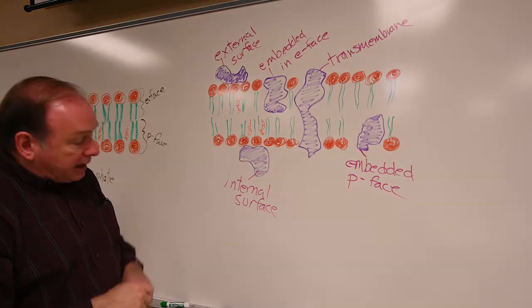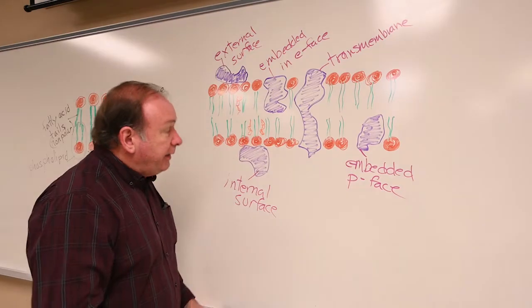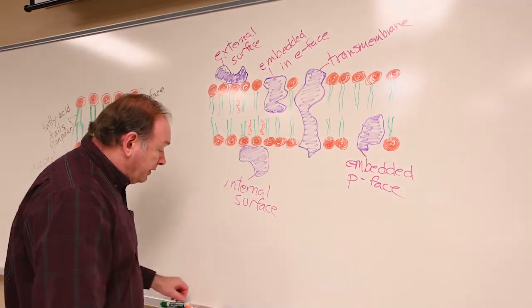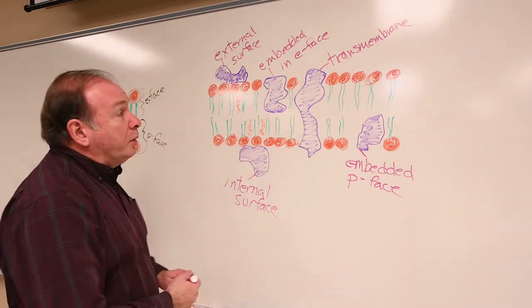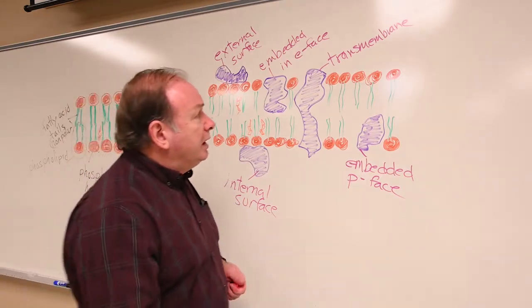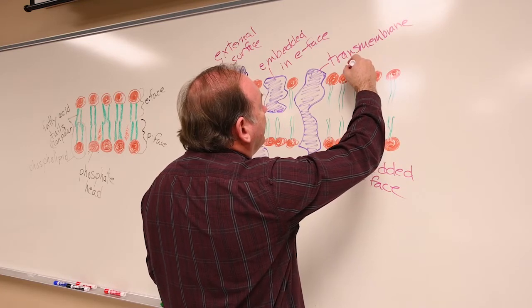The next thing to add is what we call the glycocalyx. There are some proteins and some of the lipids of the membrane that will form a connection to some carbohydrate chains, and the carbohydrate chains occupy space to the outside of the cell.